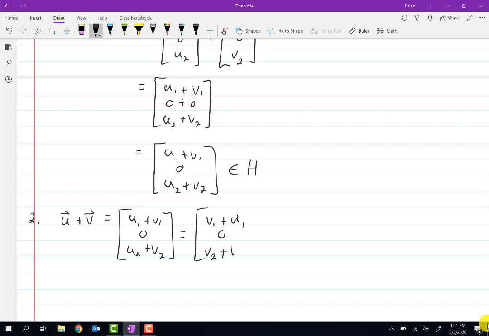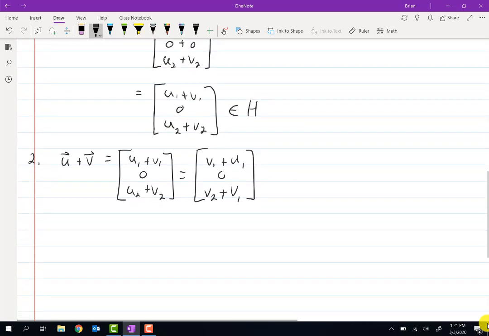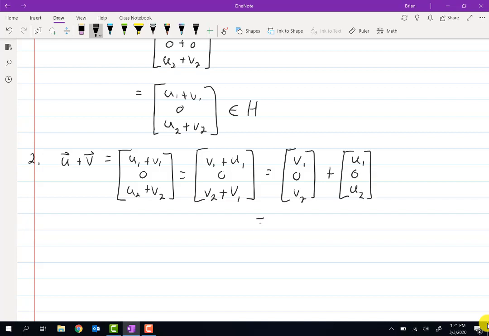So I can rearrange the items in the vector. And this breaks up into V1, 0, V2 plus U1, 0, U2. And of course, that equals the vector V plus the vector U. So there is axiom number 2, which is satisfied.